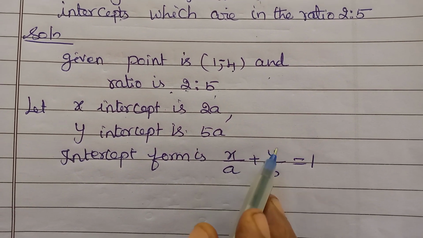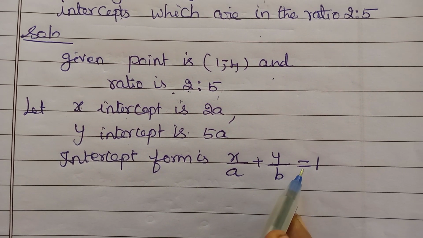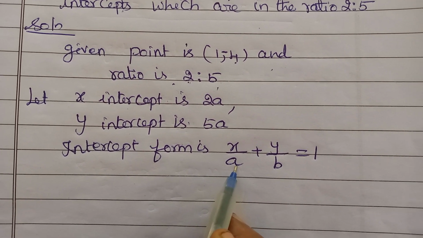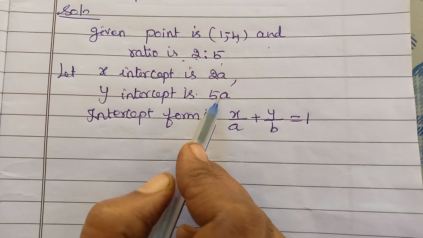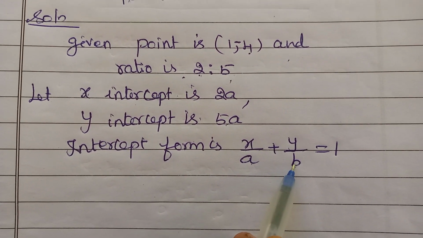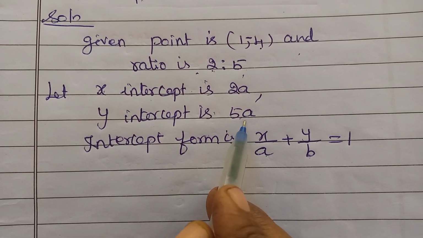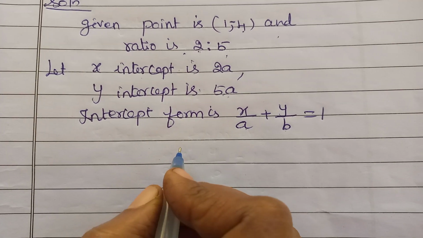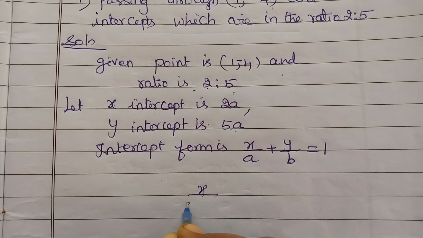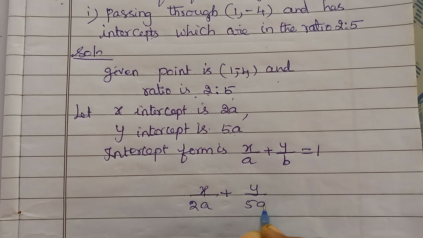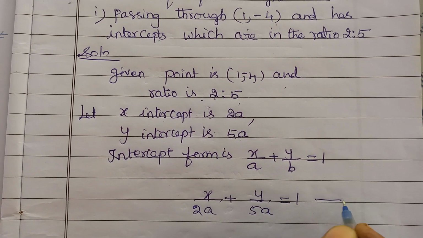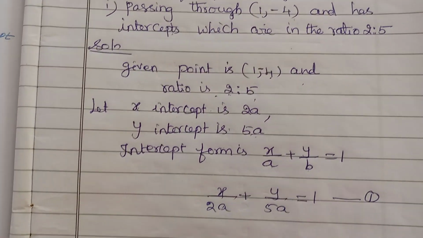X by a plus y by b is equal to 1. Here x intercept we have 2a, y intercept we have 5a. Let us use 2a and 5a in place of a and b. So we get x by 2a plus y by 5a is equal to 1. Let us take it as equation number 1.